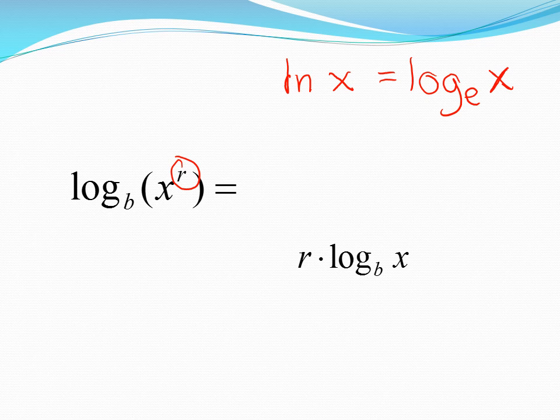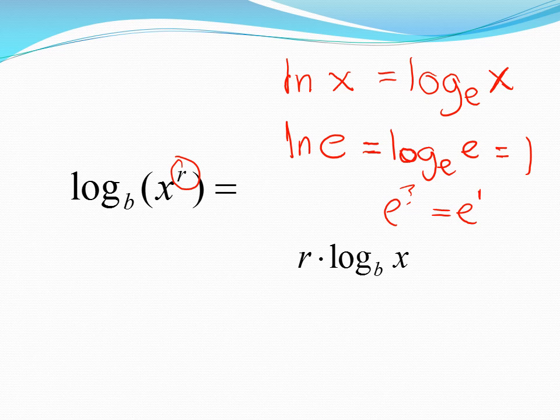That's all natural log means. So if, for example, you're doing the natural log of e, that's like you're saying the log base e of e, and you're saying, really you're saying e raised to what power gives you e? Well, it's the first power. So that's why the natural log of e is just equal to 1.